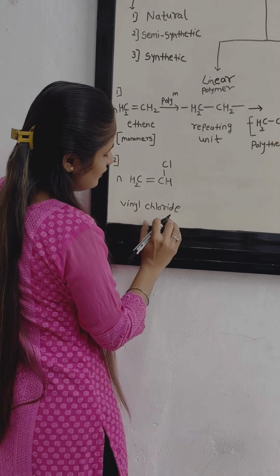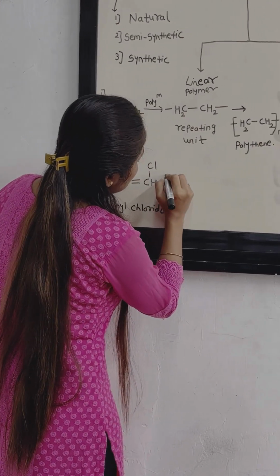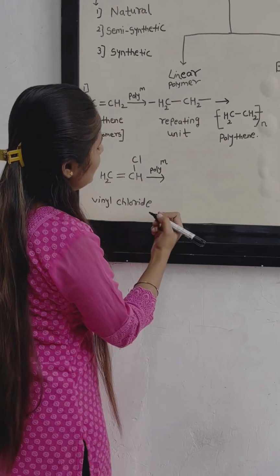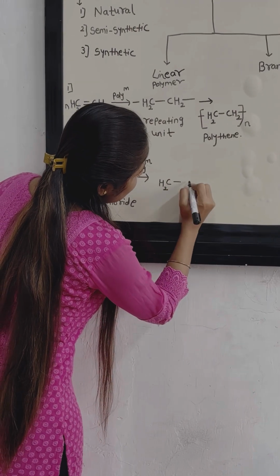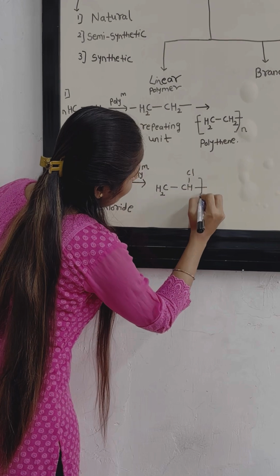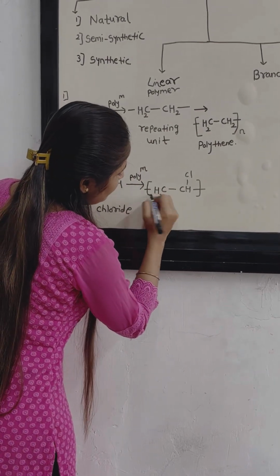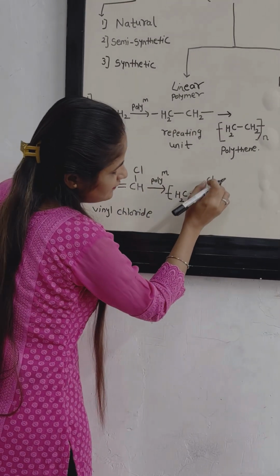Okay, so that is the vinyl chloride, which undergoes the polymerization reaction. Then we get the repeating unit of vinyl chloride, that is CH2 CHCl. So it is not a branch. We have to write it only here or here, so we have to adjust here.